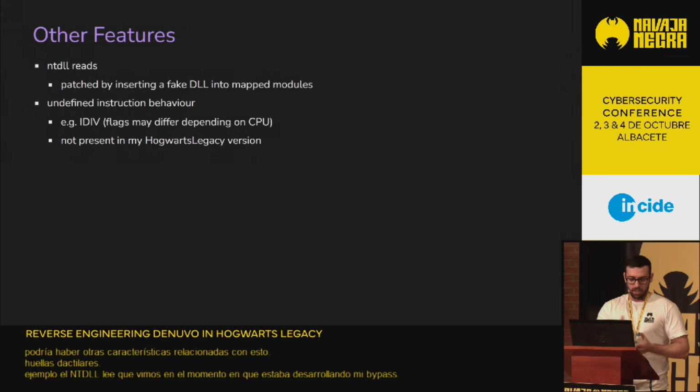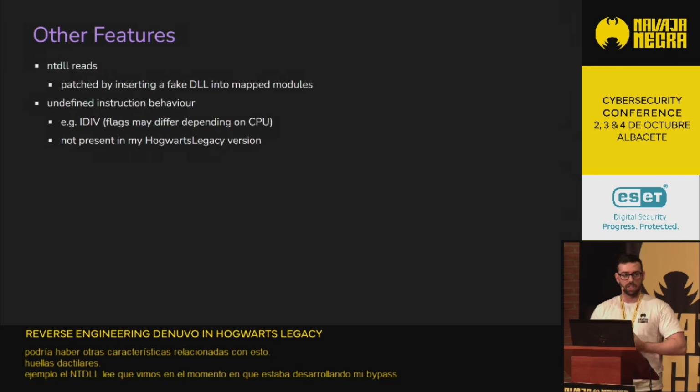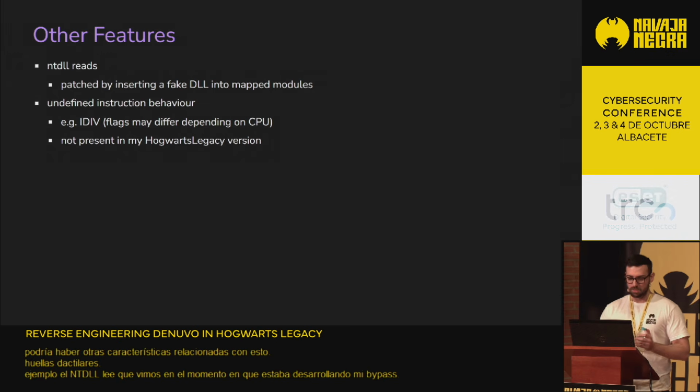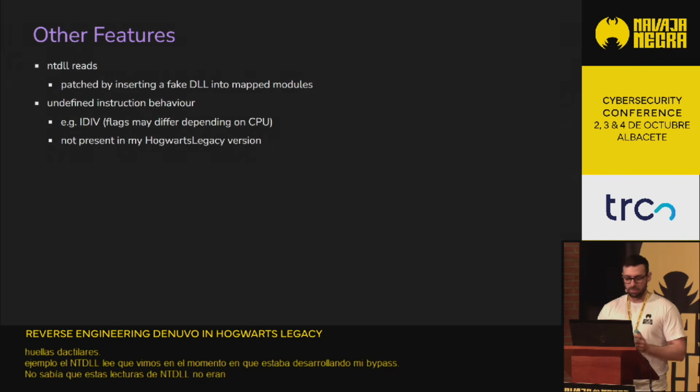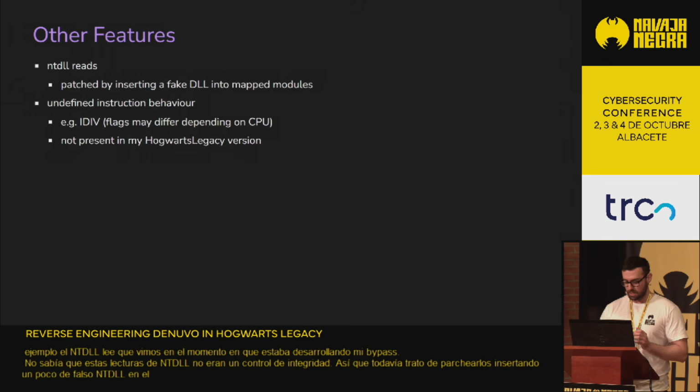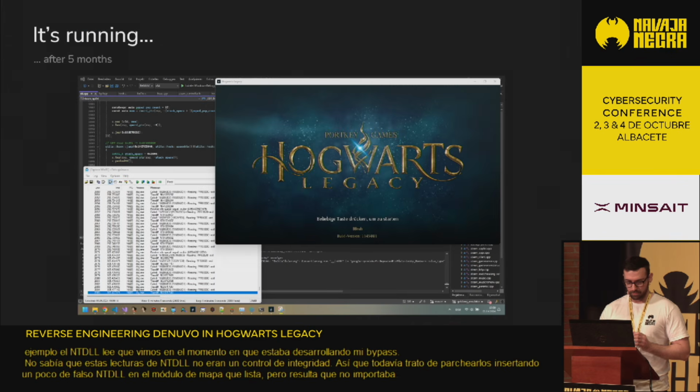And as I mentioned previously, Denuvo uses undefined instruction behavior, so it makes use of instructions that behave differently on different CPUs. But it seems like none are present in Hogwarts Legacy. I was able to see some in later versions, but in the version I analyzed, I was not able to find some. Doesn't mean that I didn't miss them, but yeah.